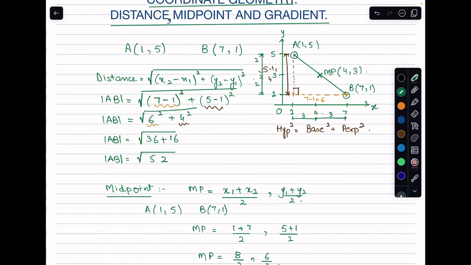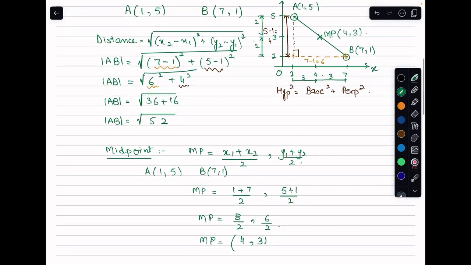Therefore, the midpoint is (4, 3). So the general formula to get the midpoint is x1 plus x2 divided by 2 and y1 plus y2 divided by 2 here.